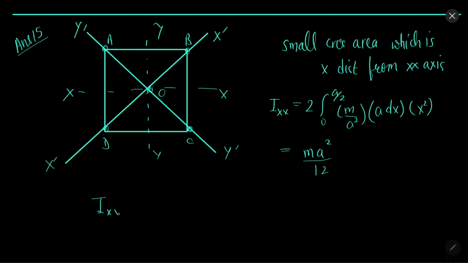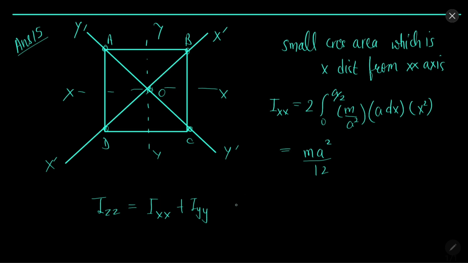So ultimately Izz equals Ixx plus Iyy. This is Izz, sorry.